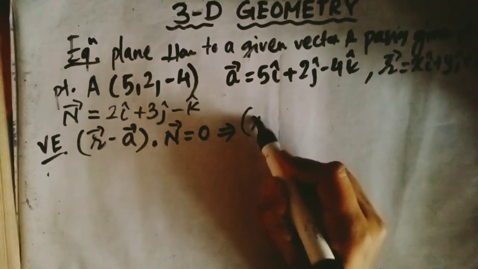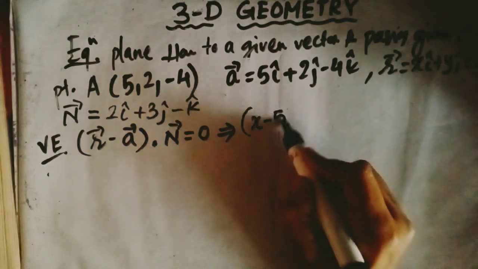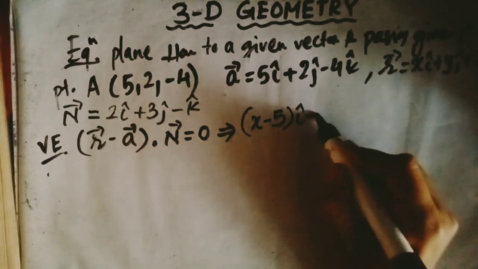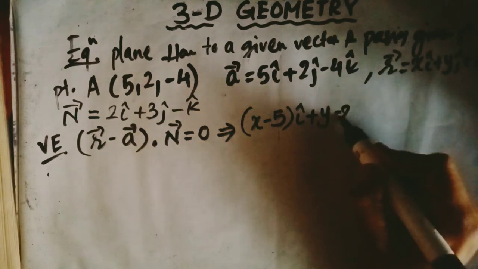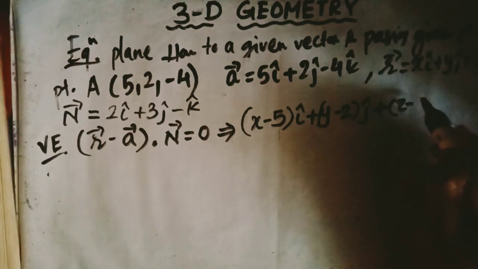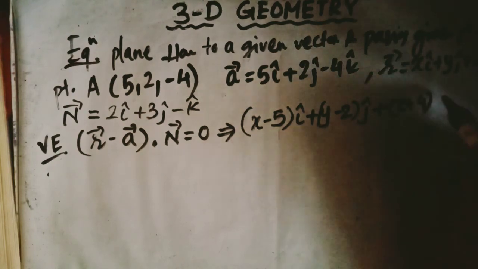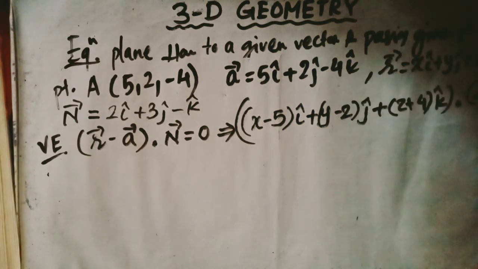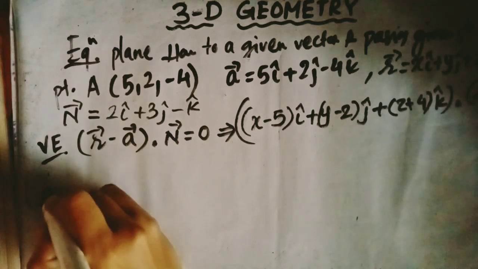So (x - 5)i + (y - 2)j + (z + 4)k, dot with this 2i + 3j - k, equal to 0. This is the vector form.